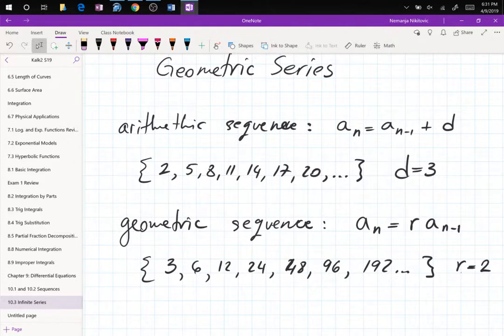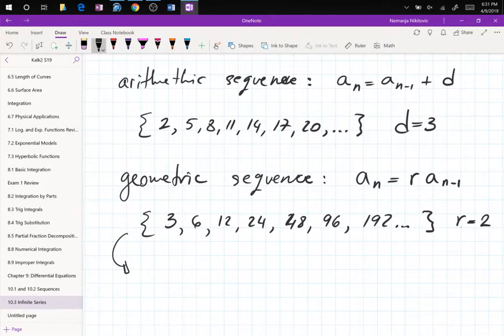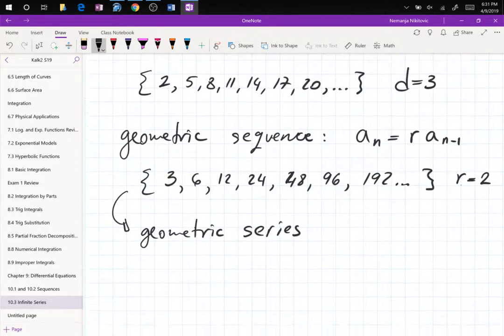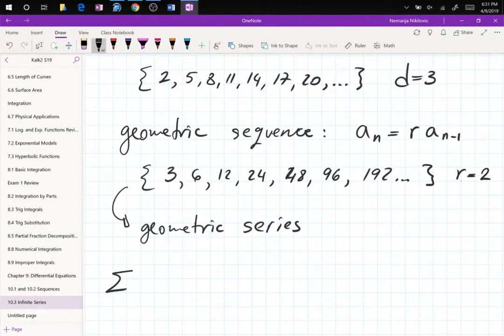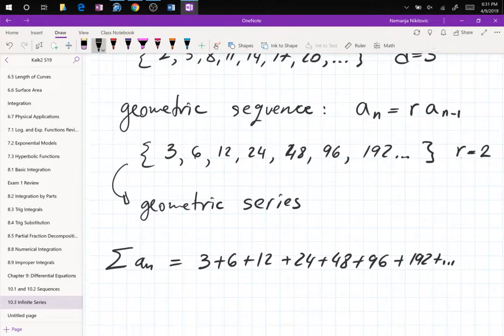Now guys, these are sequences. It's just a list of numbers with commas in between. Now, what is the geometric series? Geometric series, in this case, summation of AN, would be 3 plus 6 plus 12 plus 24 plus 48 plus 96 plus 192 plus ... going on to infinity.